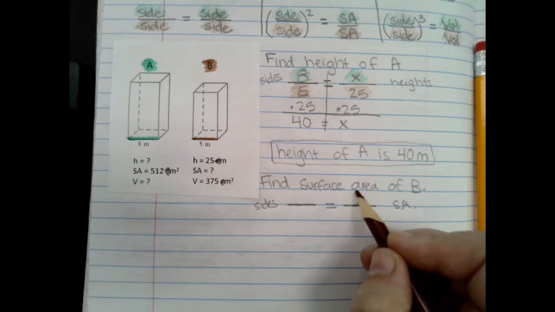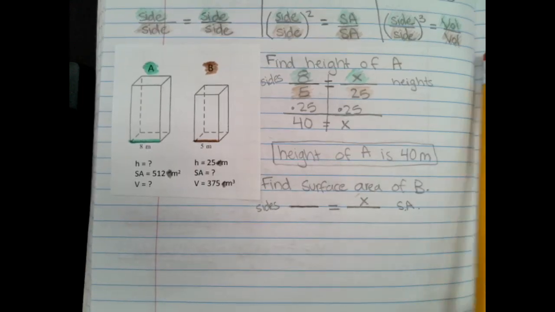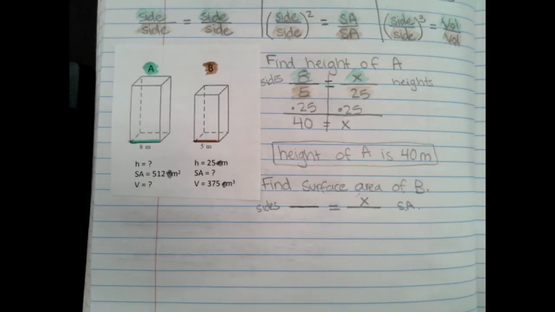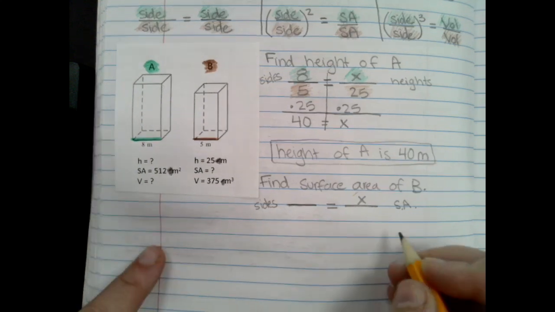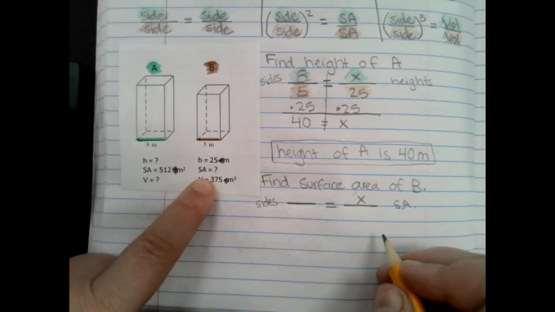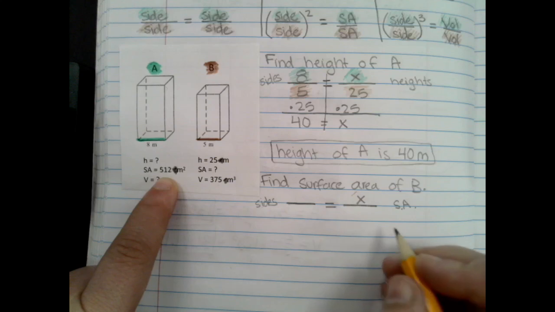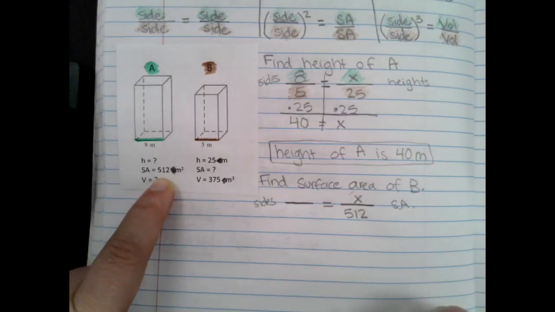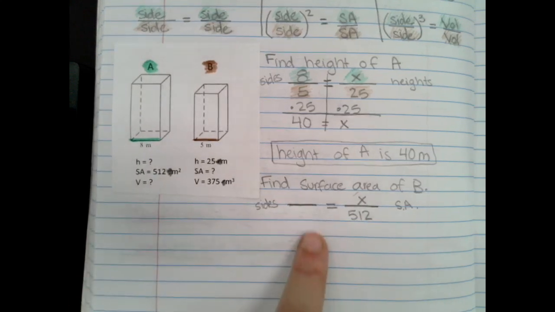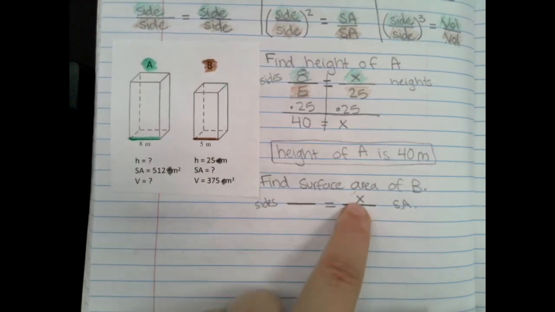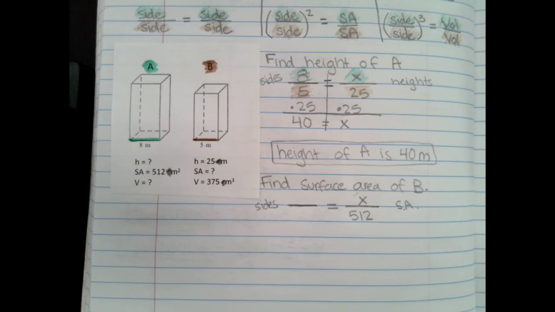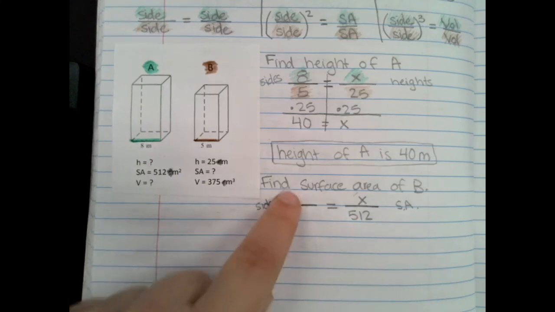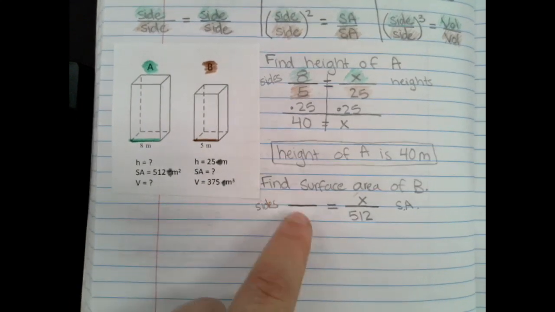All right, so one surface area is x. What's my other surface area? Other surface area we have is 512. So when I go back to my sides, this is the part that I really need to focus on. If I have x over 512, am I going to do 8 over 5 or 5 over 8?